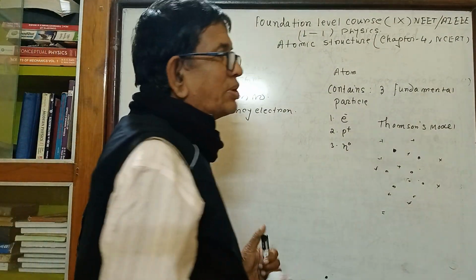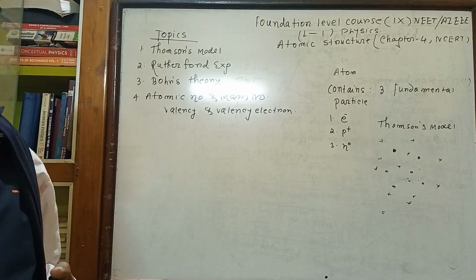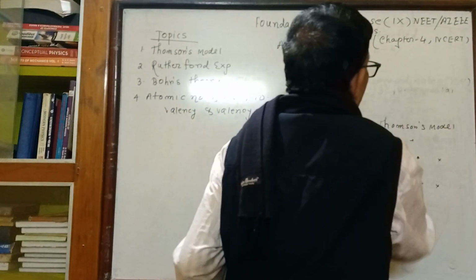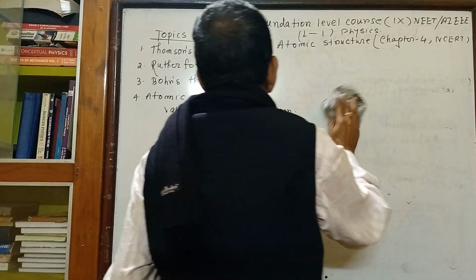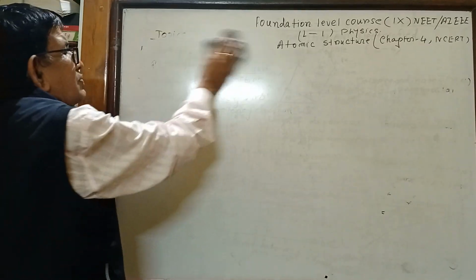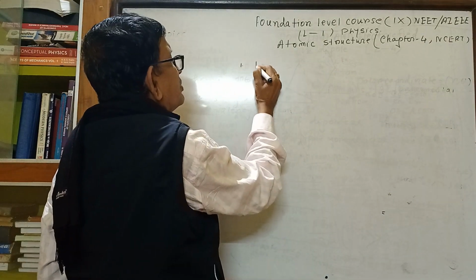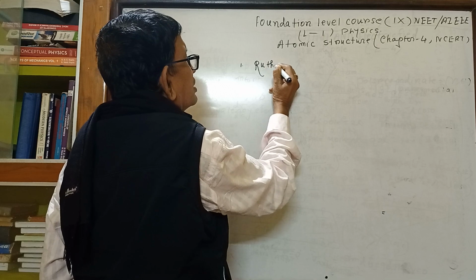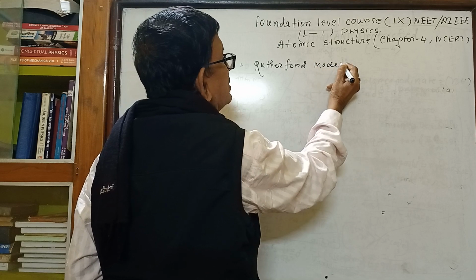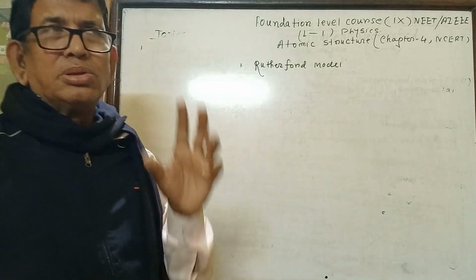After that, Rutherford's experimental observations came for atomic structure: the Rutherford model. What is the Rutherford model? It is similar, in some sense, to the solar system model.